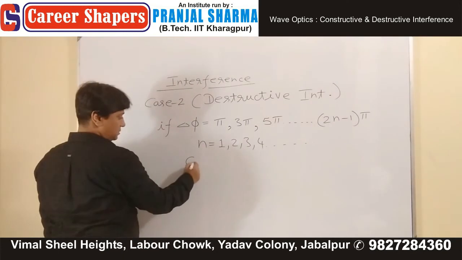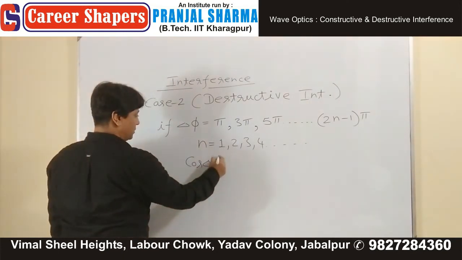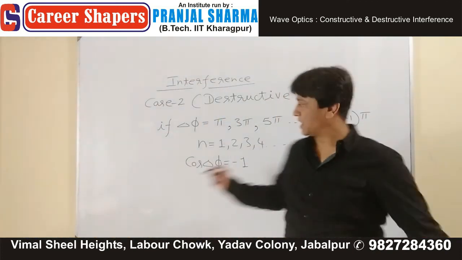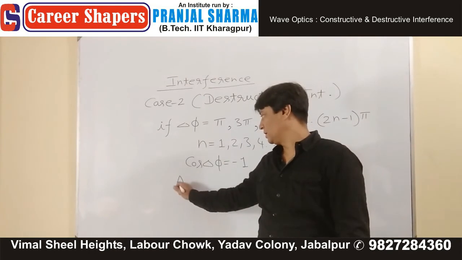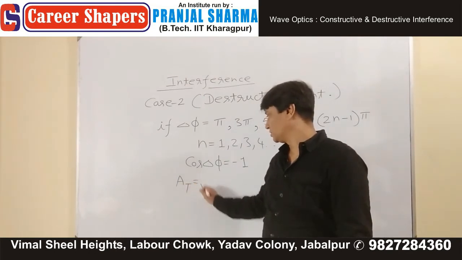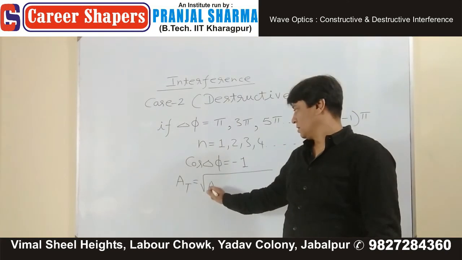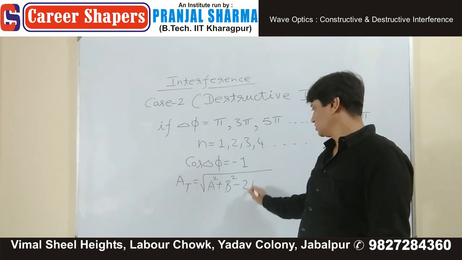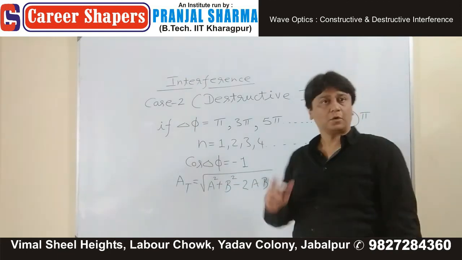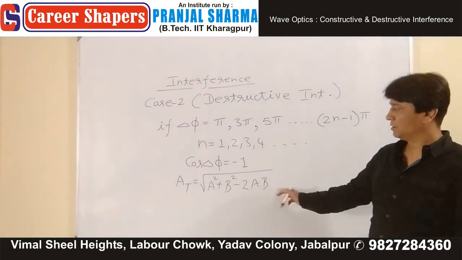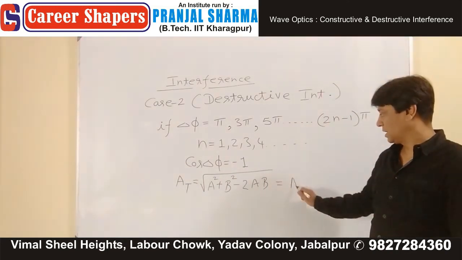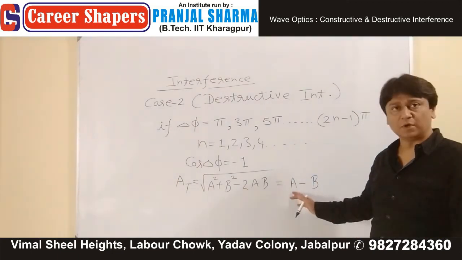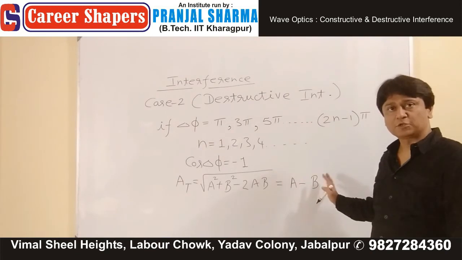For these values of phi, cos will be minus 1. And if cos is minus 1, then your A total will take this shape: A square plus B square minus 2AB, which is A minus B. In fact, whichever is the larger one, from that subtract the smaller one.